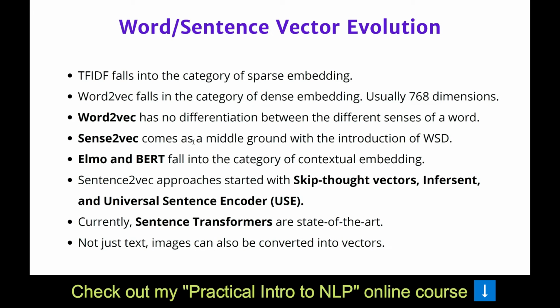So over TF-IDF we have Word2vec, and over Word2vec we have sense2vec, but we still have some issues. One, we are unable to fully resolve the context of a given word, so we are unable to do word sense disambiguation, so we still need contextual embeddings.